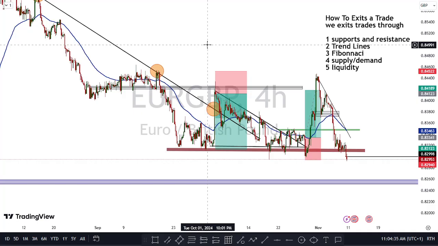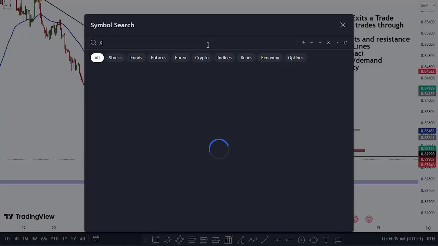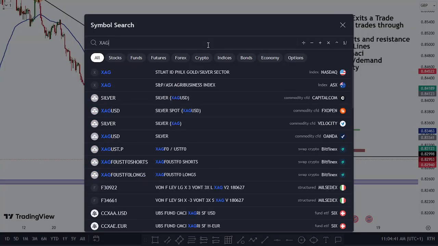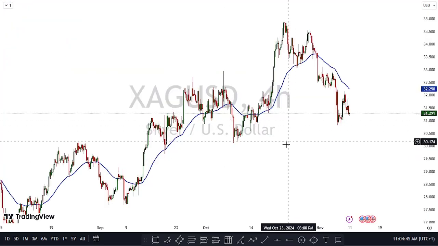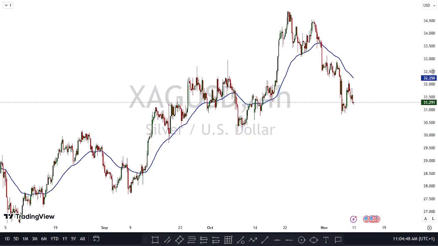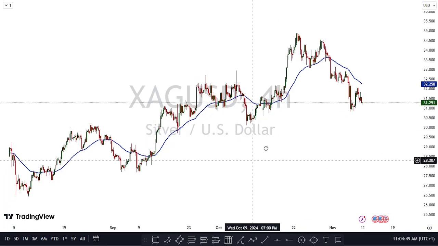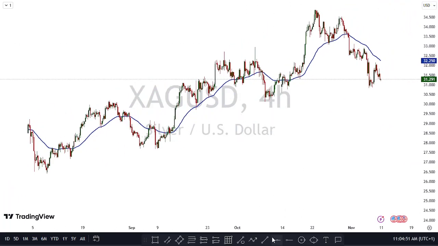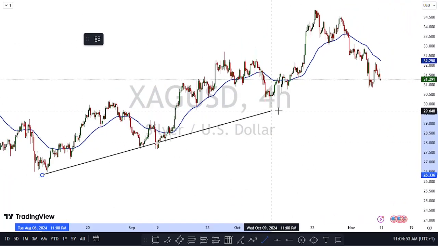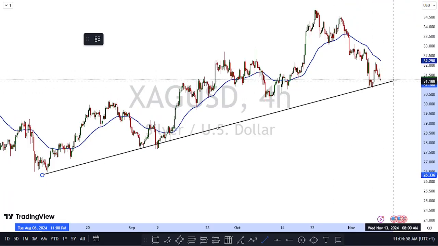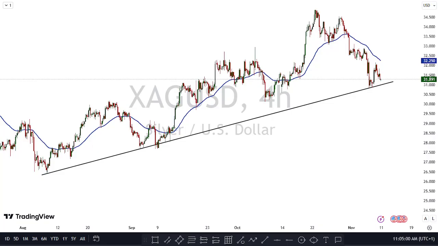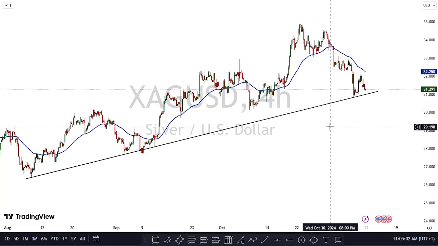Let me check out whichever trade I can. Let's say gold or silver. I think there was XAGUSD. All right, you can see this now.